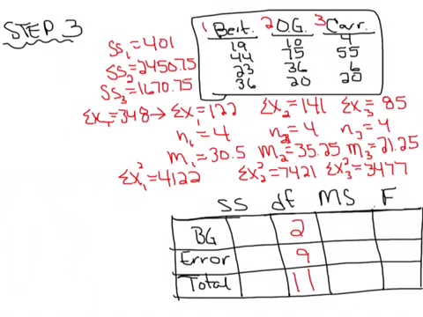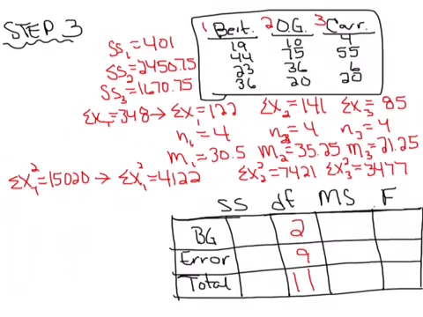So now we need the sum of x total squared. I've got 15,020. Now that is basically these added up: the 4,122 plus 7,421 plus 3,477.